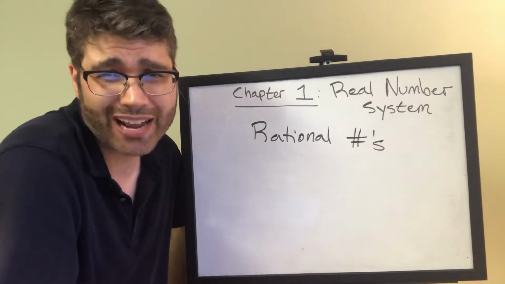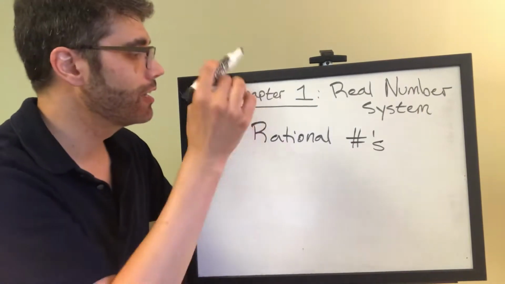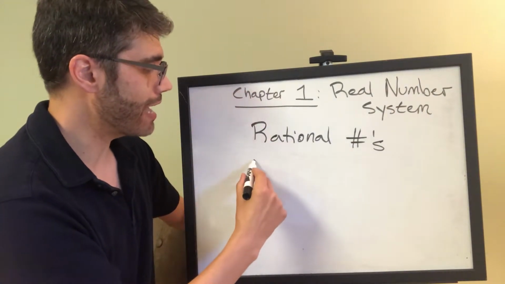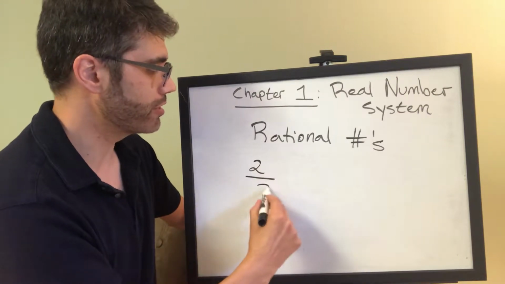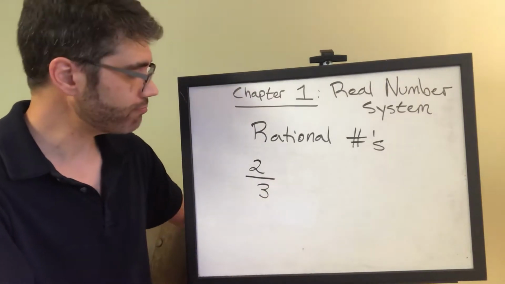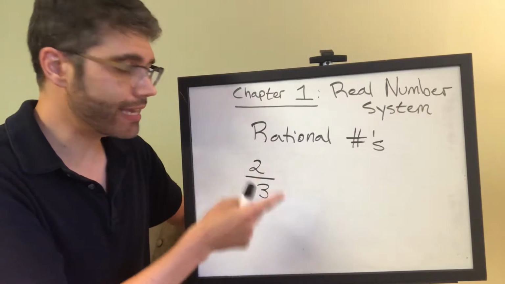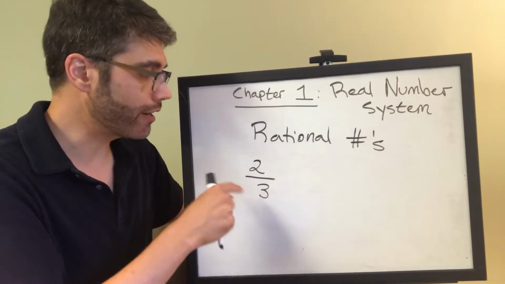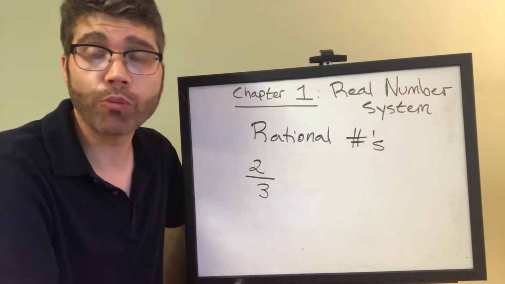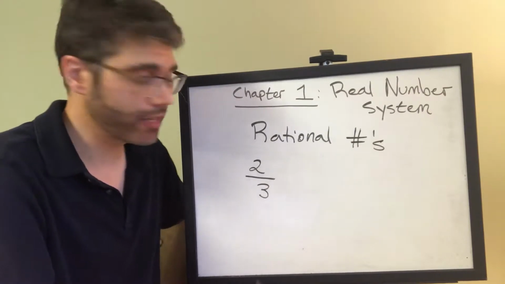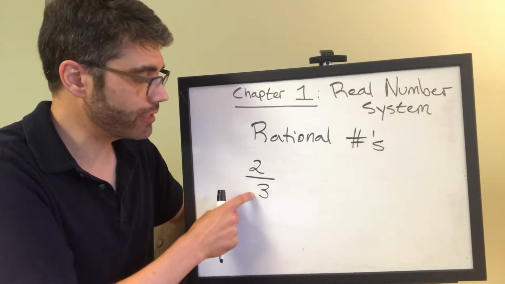Now, why do we call fractions rational numbers? Look at this. Let's say that I had 2/3, okay? 2/3 is a fraction where the numerator and the denominator are both integers. So 2 is an integer, 3 is an integer.